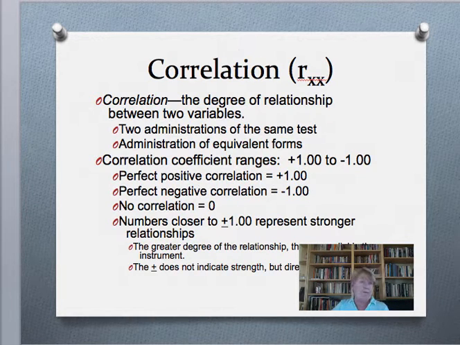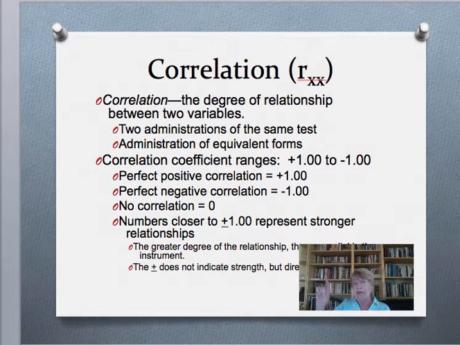So if I were to give two tests, for example, I would look for the relationship between those two tests by looking at, if you score high on one test, do you also score high on the other? And if you score low on one test, you also score low on the other. So I'm expecting that scores will rise accordingly. High scores predict high scores, low scores predict low scores, and everything in between.